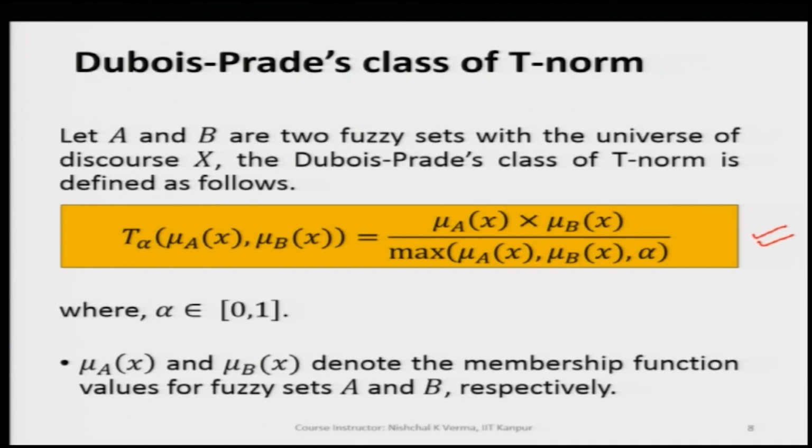Alpha here is a parameter, and this parameter value can be any value from 0 up to 1. And when we apply this, we get the resultant membership value of the fuzzy set, which is the intersection of fuzzy set A and fuzzy set B.